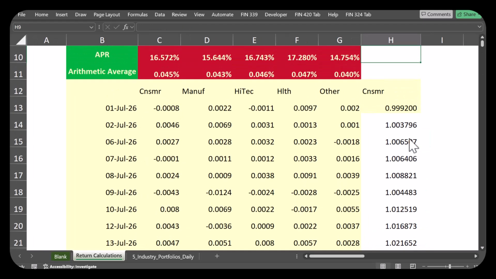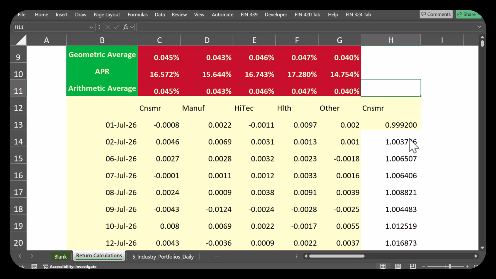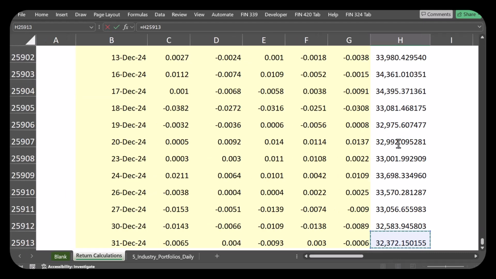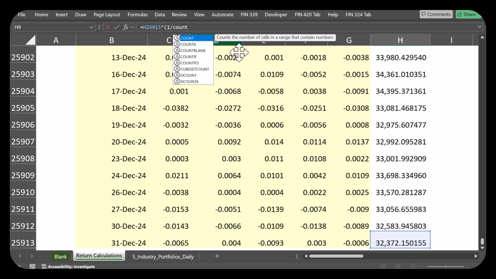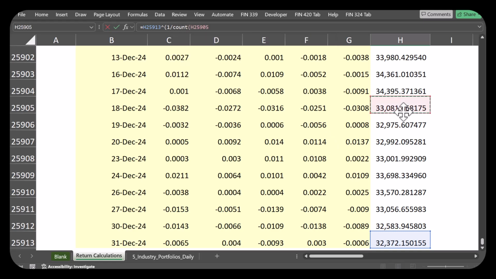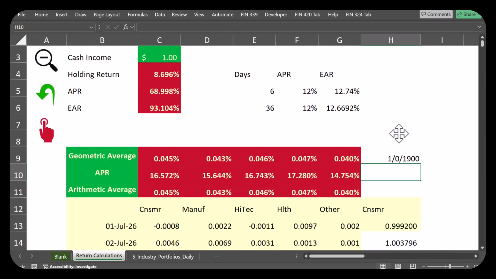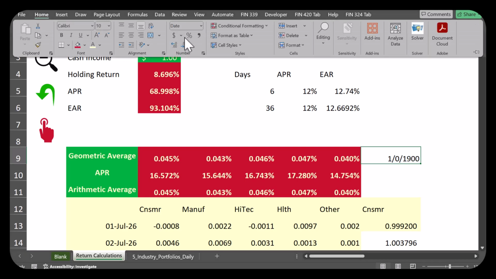So geometric average would be that last number, okay, raised to the power 1 over the count of those numbers, minus 1. That's the geometric average return, daily, of course.